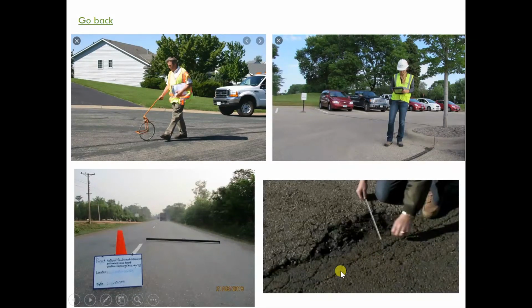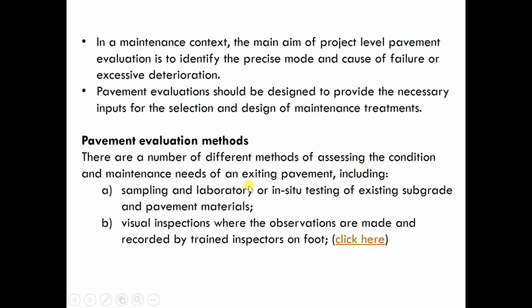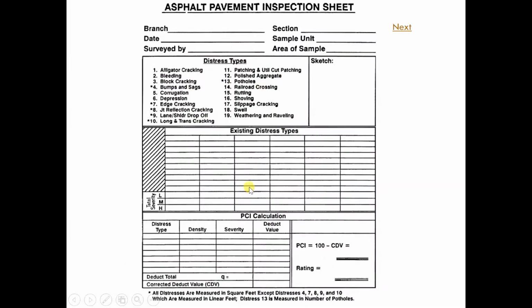Okay, so this one is done by the trained inspector. There may be a group of them. They go to the site, do the inspection, and then record it in the form. Later we'll look at the form as well.